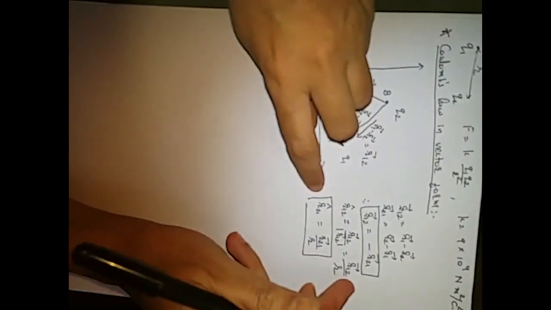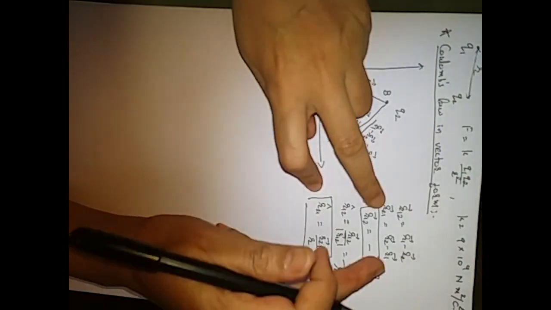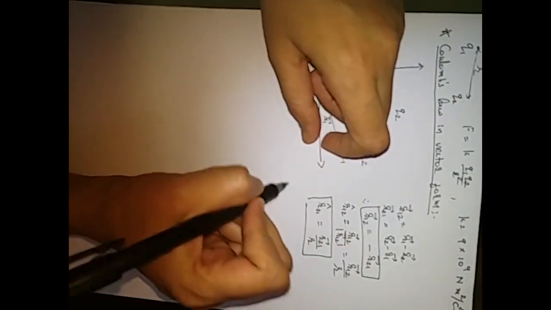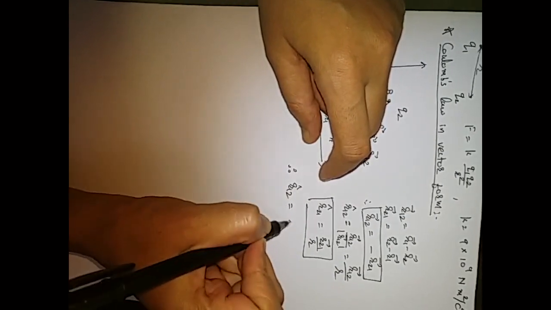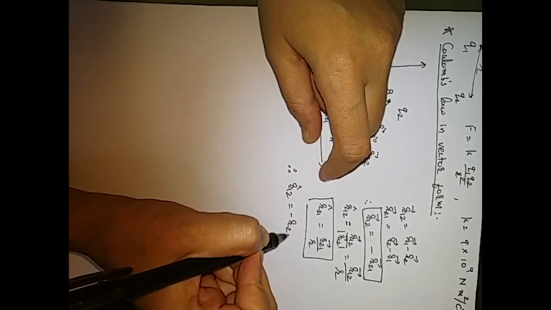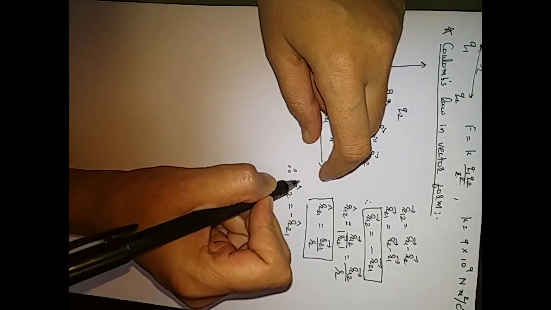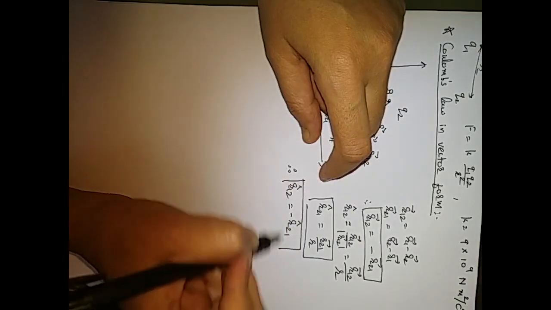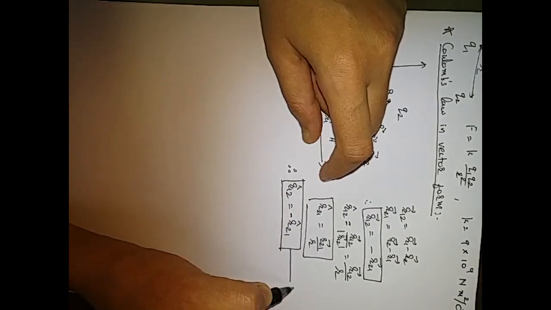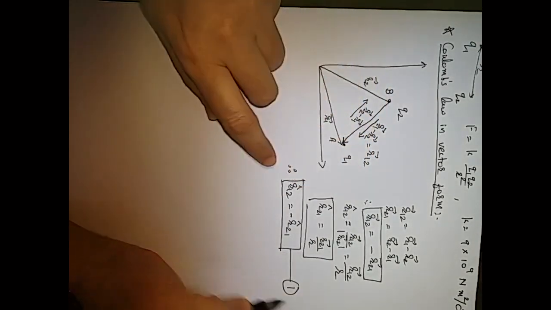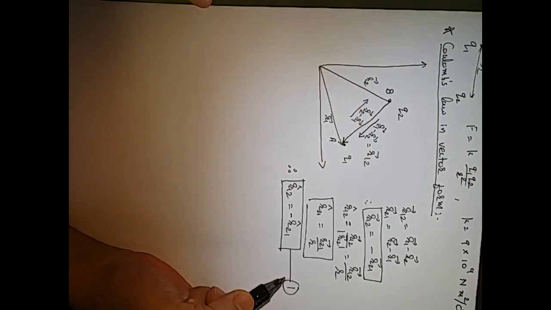Since r12 and r21 are opposite to each other, unit vector r12 equals minus unit vector r21. This is a very important result, and we are going to use it in further discussion.